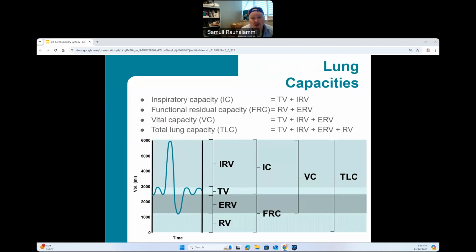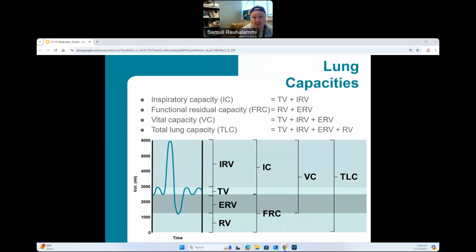The next measure that I'm highlighting is our vital capacity, or VC. This is calculated by adding together tidal volume, inspiratory reserve volume, and expiratory reserve volume. And this is the one that you want to know for the lab. This is basically how much you can breathe in and out, both during your normal breathing and also forced breathing in and out. So it really tells us the total movement of the air.